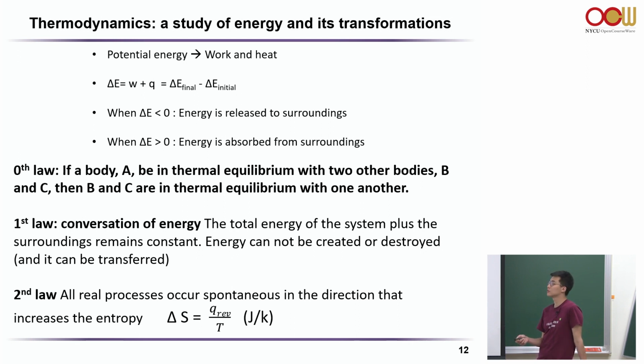Over time, according to this law, a real process occurs spontaneously in the direction that increases entropy. So naturally, your table will become messier and messier, because you need to do work to offset this randomness and make everything organized. You need to put in effort. You need to do work.